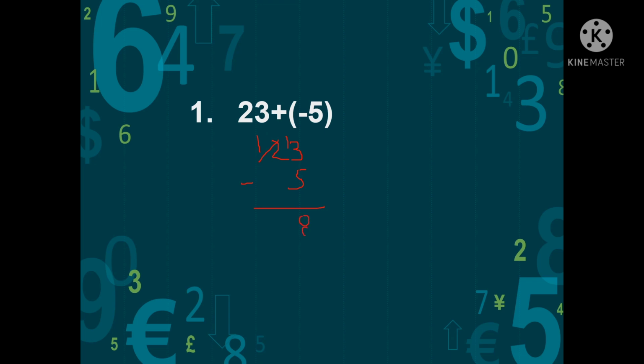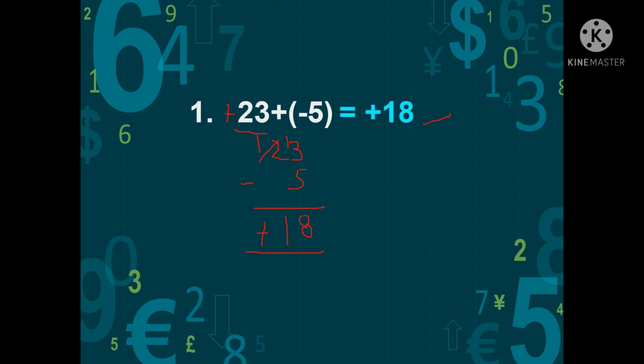And then bring down 1. And after that, according to the rule, we will use the sign of the larger number. So the larger number here is 23, obviously. So its sign is positive, so we give 18 a positive sign. And the answer is positive 18. Let's check if our answer is correct. So we are correct.